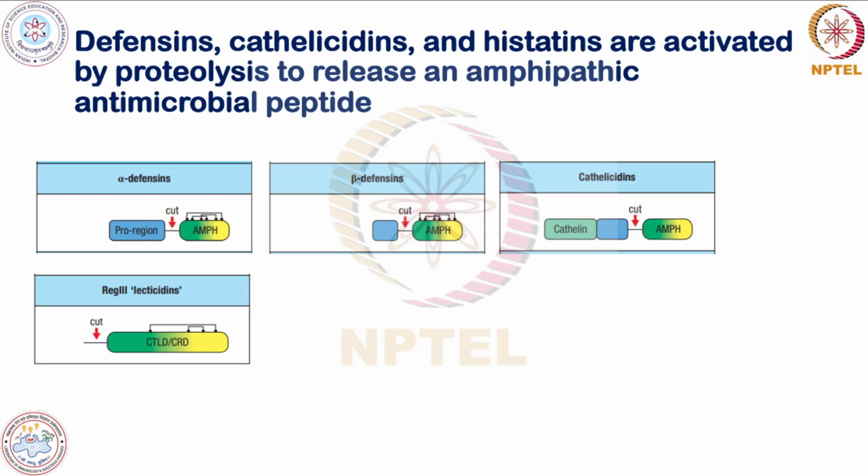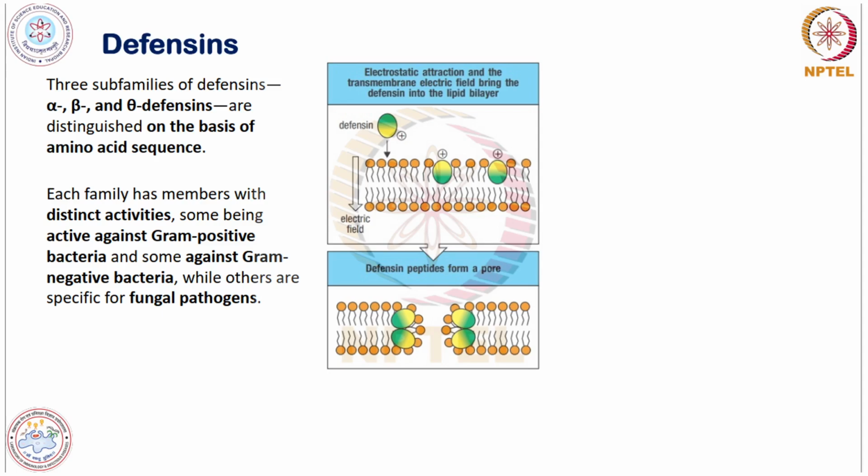So these are the antimicrobial peptides like alpha defensin, beta defensin, cathelicidin, and reg3, which are responsible for killing the pathogens. These have different roles.